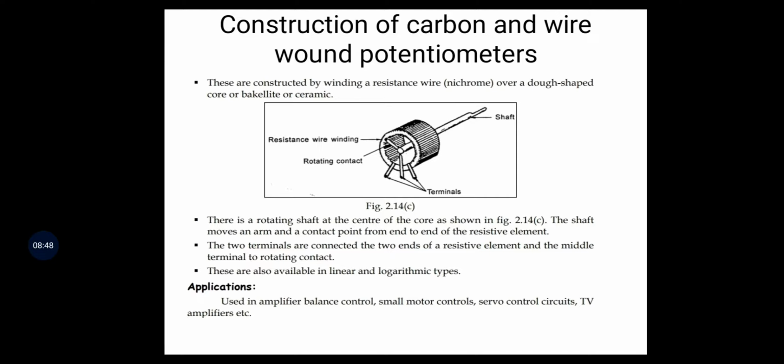These are constructed by winding a resistance wire, nichrome, over a disc shaped core of bakelite or ceramic. The base material is ceramic, then the wire is wound on the ceramic.